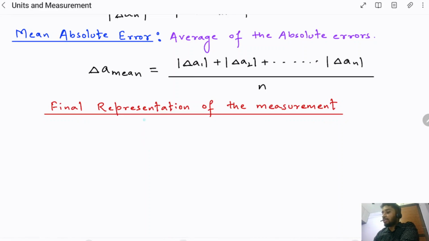Okay, so finally the measured value is represented as, suppose we are measuring the quantity A, A mean plus or minus delta A mean.